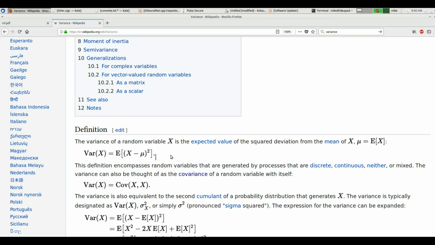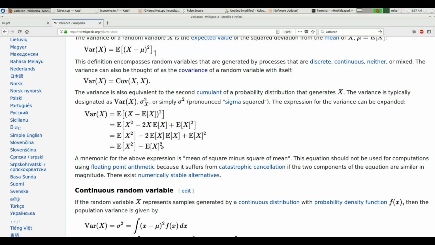It turns out that variance, while equal to the expected value of the value you get minus the mean squared, is also equivalent to, according to this math, the expected value of x squared minus the square of the expected value of x. So if in a single pass through your data, you not only sum up x, but you also sum up the x squareds, then by the time you have completed that one pass, you have collected two numbers.